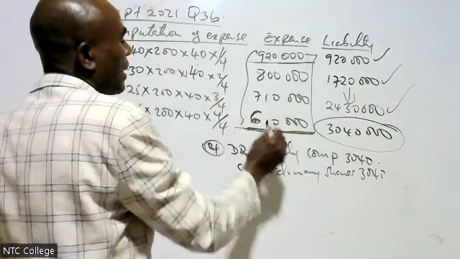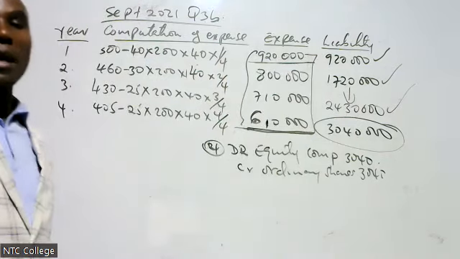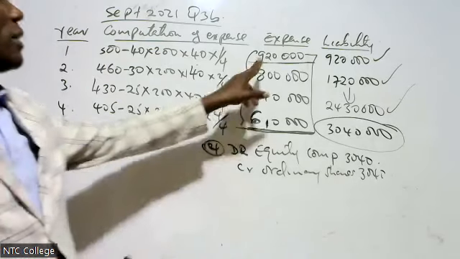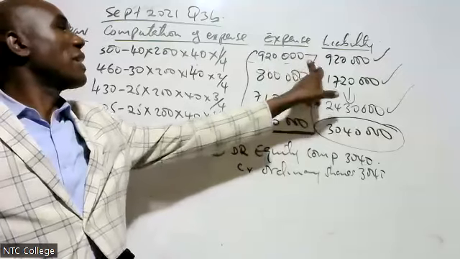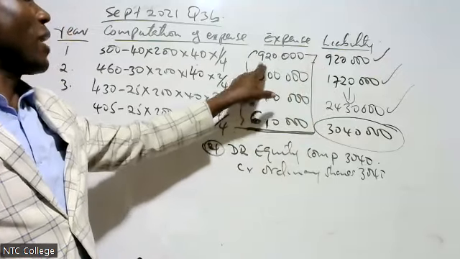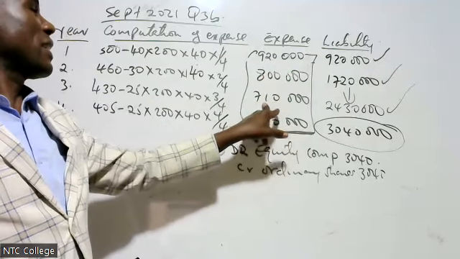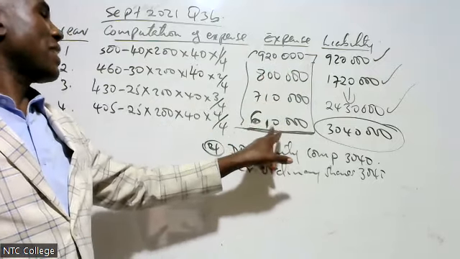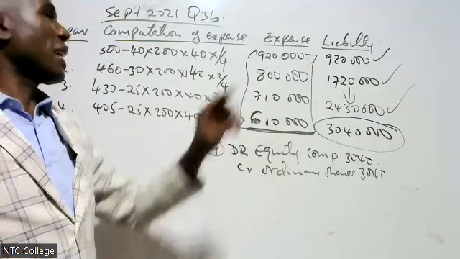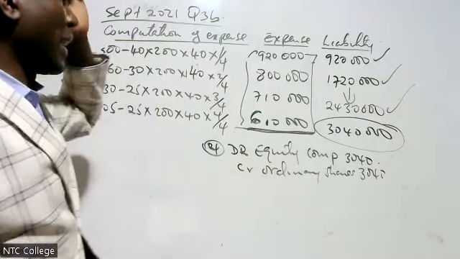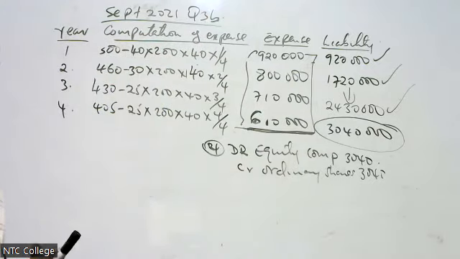That's why companies use the best estimate so that they don't overstate like in this one. Because we did not apply the estimates, we have overstated: in year 1, we are reporting 920. Year 2, 800. Year 3, 710. In the last year it is 610. We are overstating the expense in year 1. Therefore, if we use the best estimate in the market, then this problem will not arise.